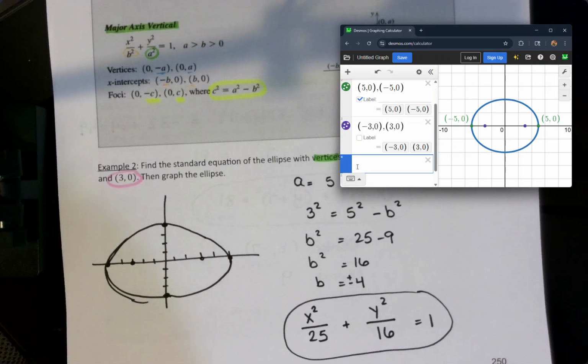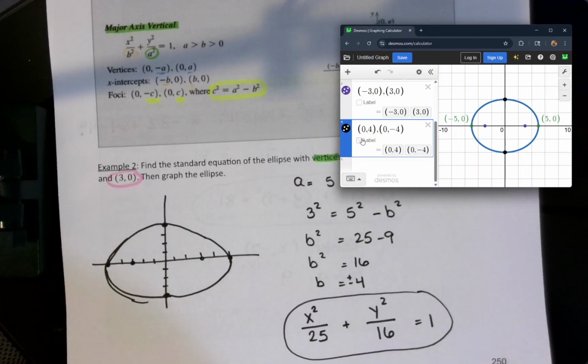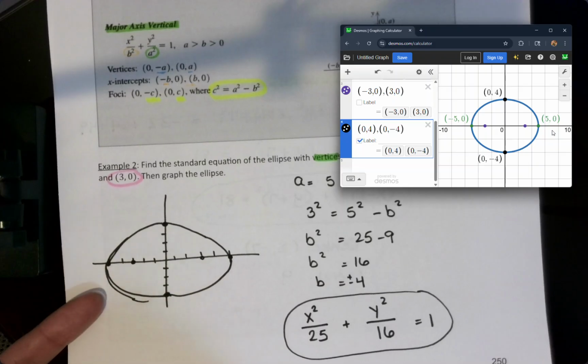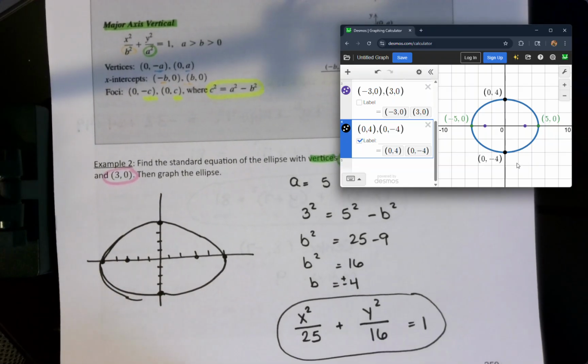And then I have the nameless points that are on the minor axis, and those are at 0, 4, and 0, negative 4. And that is, again, what I attempted to draw on my paper here. The one on Desmos is a lot prettier. They were able to connect more smoothly between those points.